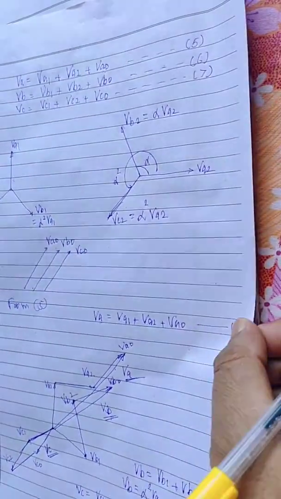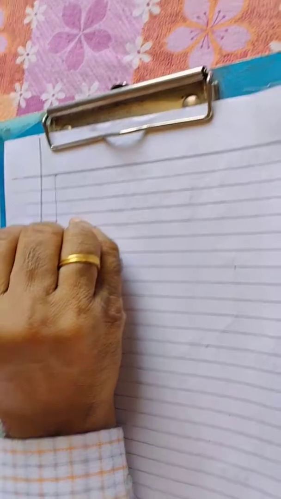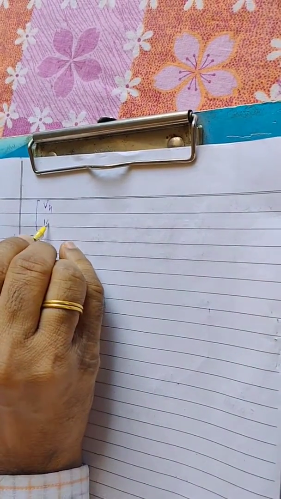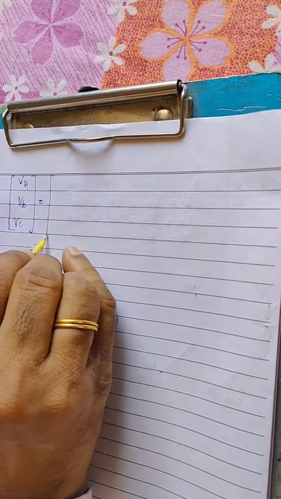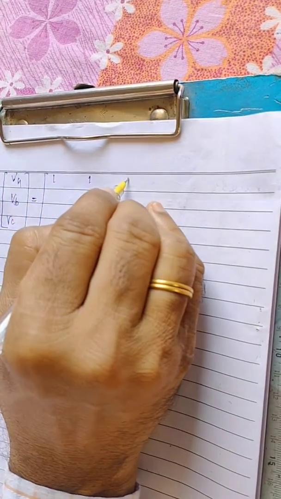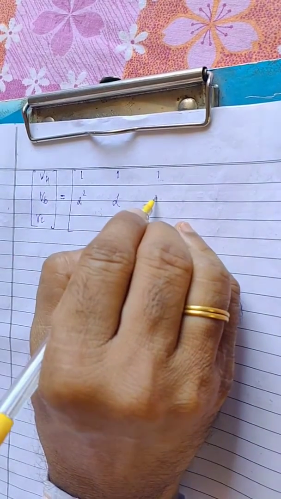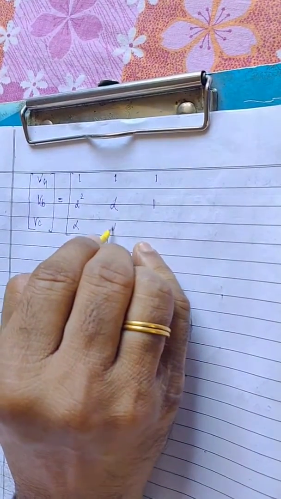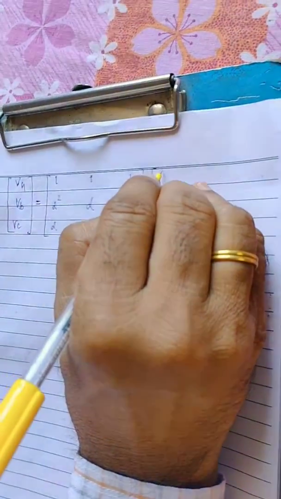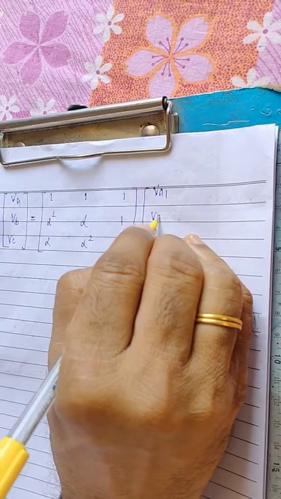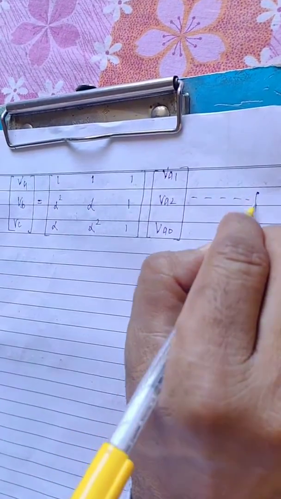We can write the column VA, VB, VC equal to the matrix with rows 1, 1, 1; alpha square, alpha, 1; alpha, alpha square, 1, multiplied by the column matrix of VA1, VA2, VA0. This is equation 11.